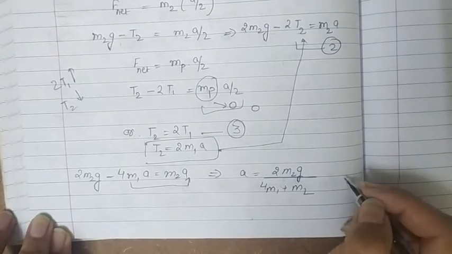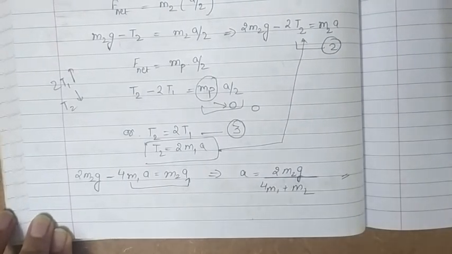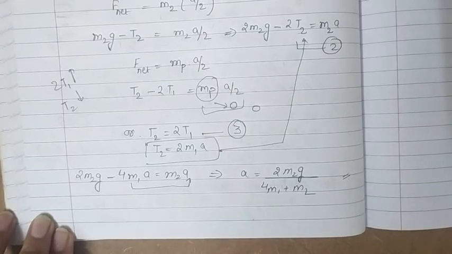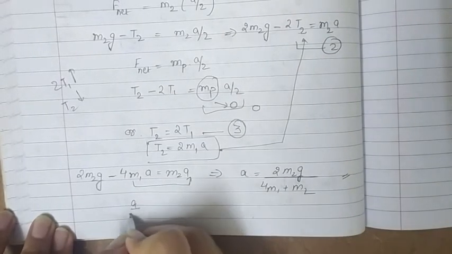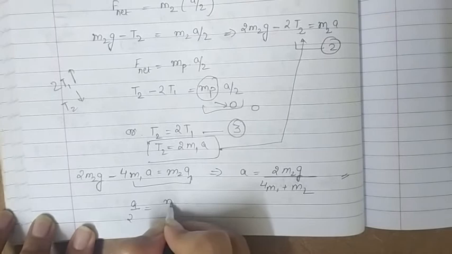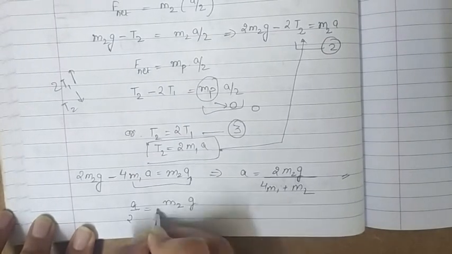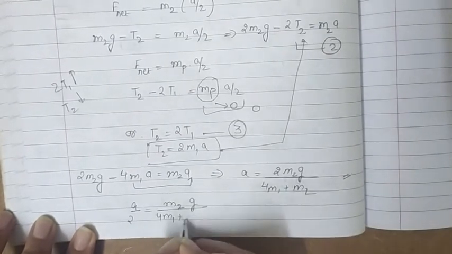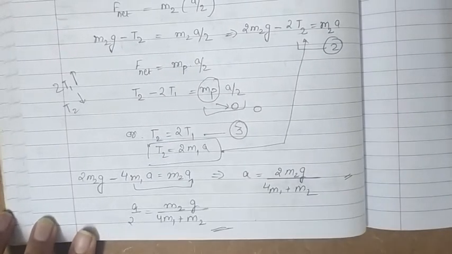This is the acceleration for the block of mass M1. Now for the M2 block, it will be half of A, that means A by 2, so it will be M2G upon 4M1 plus M2. So these are the required answers that we need.